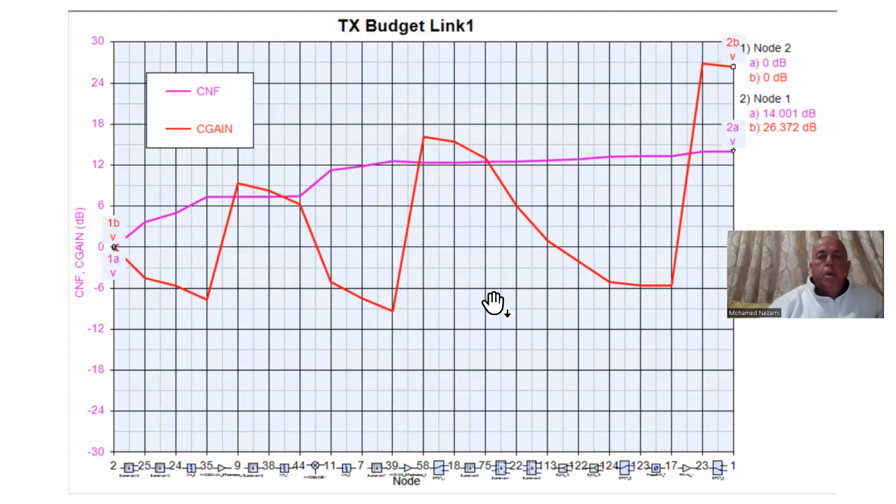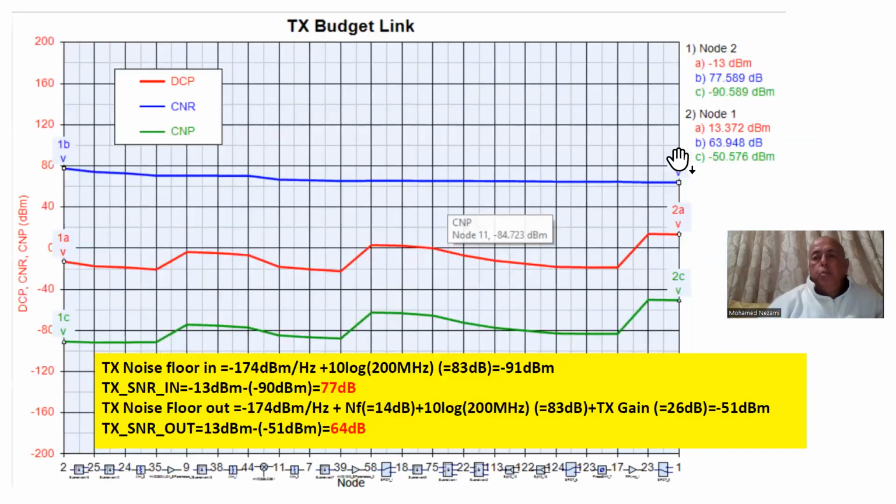Let's take this system here at room temperature, running just plain thermal noise through the system, like I did before. I have a marker at the beginning, which is supposedly the DAC point, and this is the beamformer output, where you're getting the 13 dBm signal. At the DAC output the signal was minus 13 dBm.